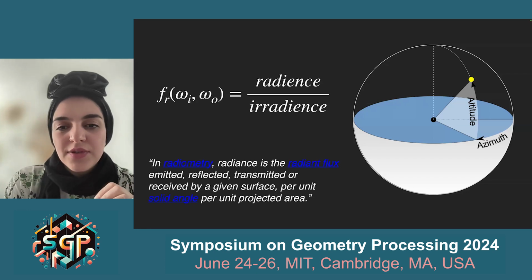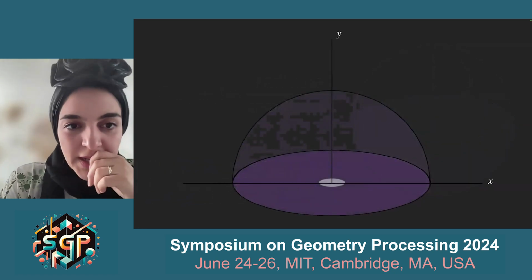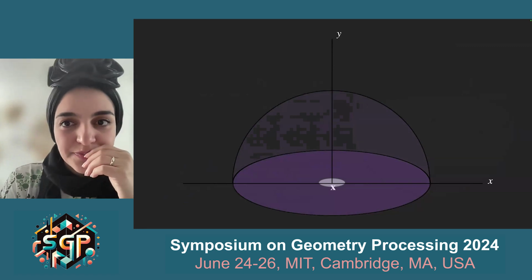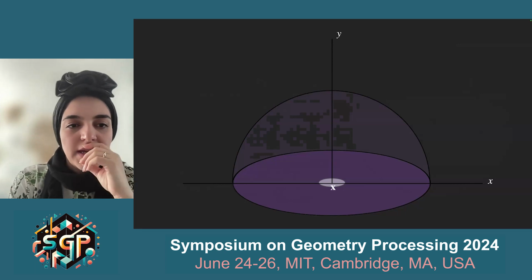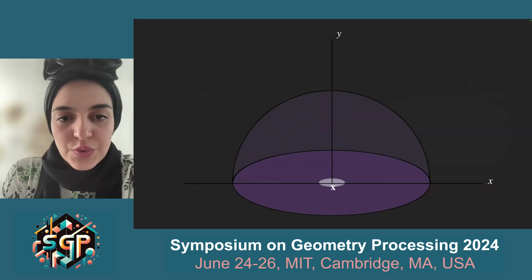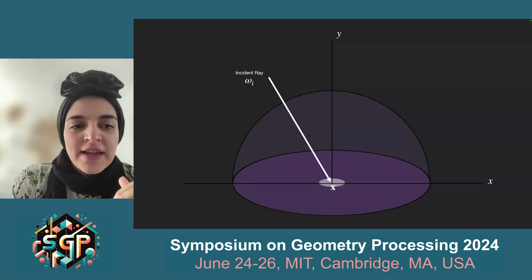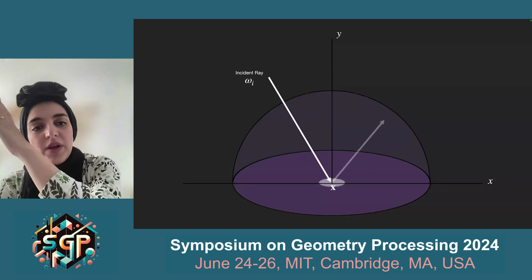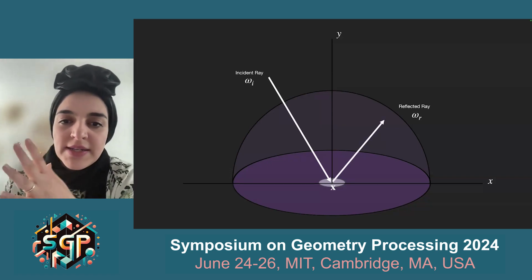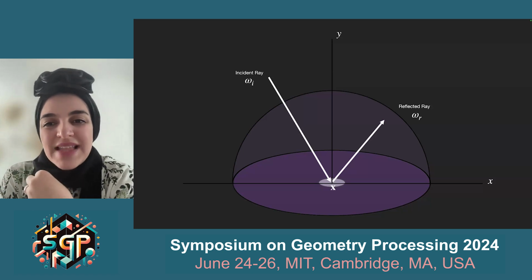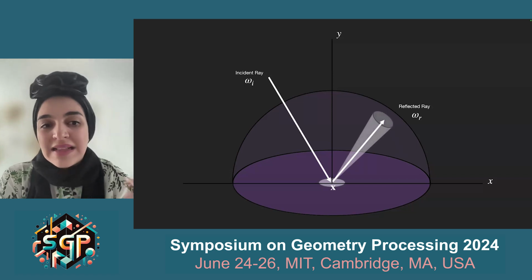So let's try to unpick this a little bit. Let's take our hemisphere, our usual point X, and regular 3D coordinate system. The different components of BRDF refer to an incident ray omega I, and then we have a reflected ray going toward omega R direction. These are both parameterized in terms of phi, which is the azimuth angle, as well as theta, which is our altitude.